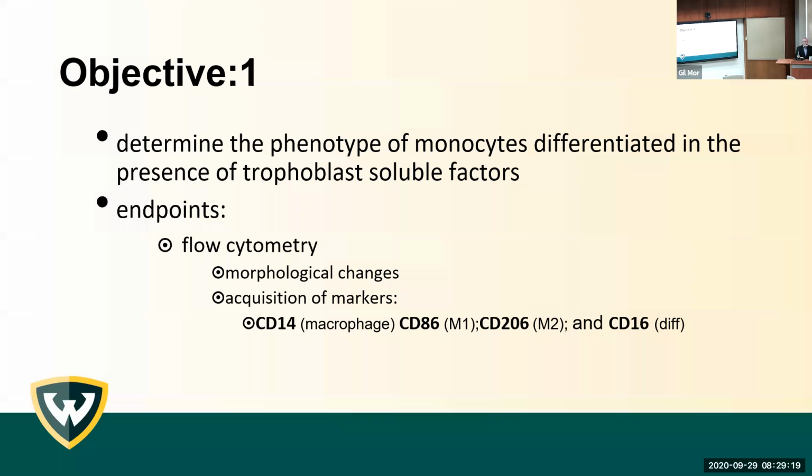Then we evaluate the differentiated macrophages by flow cytometry using markers such as CD14, a general marker for monocytes and decidual macrophages, CD86 for M1, CD206 for M2, and CD16 as a differentiation marker.